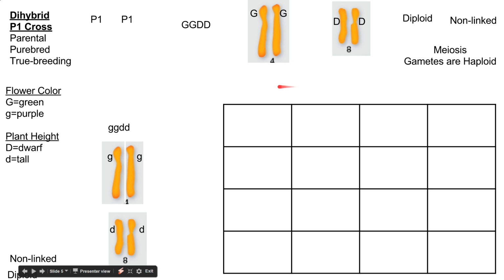And with them being haploid, a gamete only contains one copy of each autosome. So what would be one possible sperm that could be produced? It could get this G and this D, and it would be haploid.